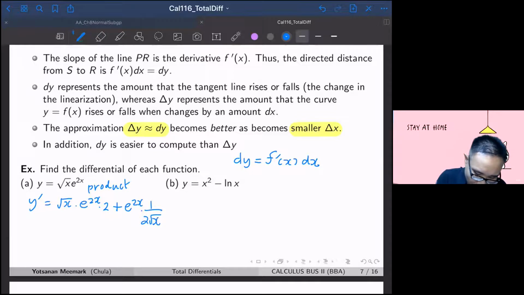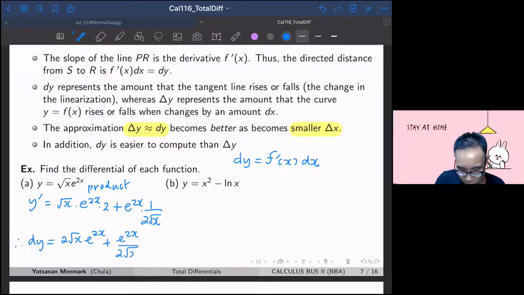So you have dy equal to 2 root x e to the 2x plus e to the 2x over 2 root x. And this one is your derivative, right? And you have dx. So this is going to be the differential for A.